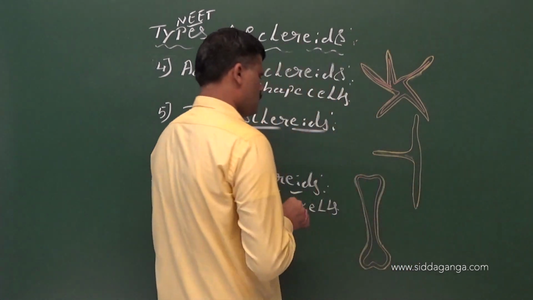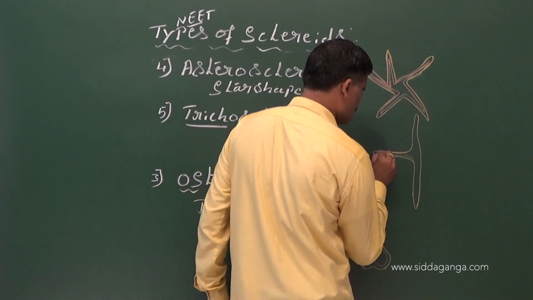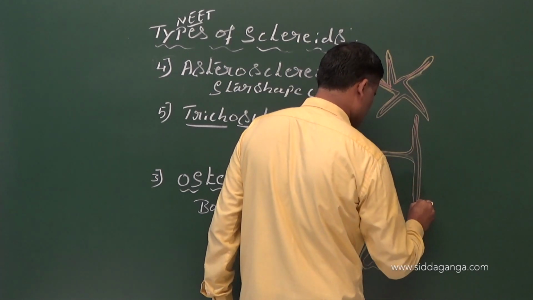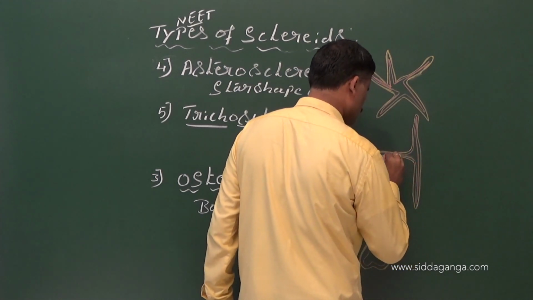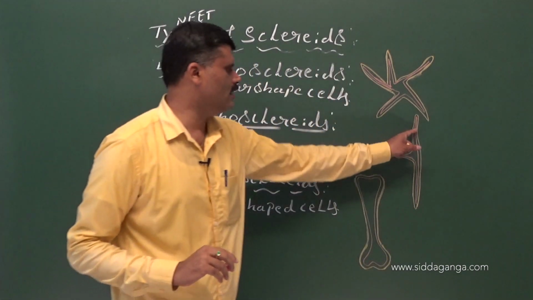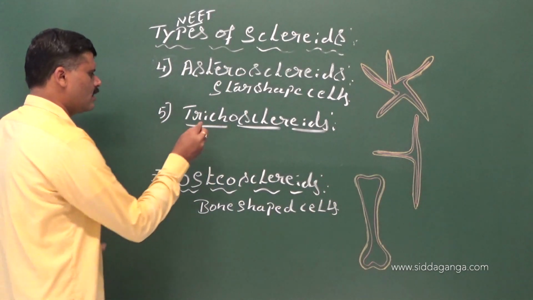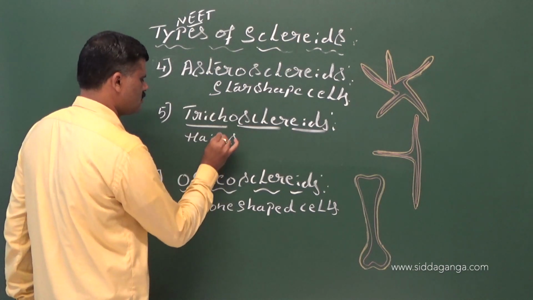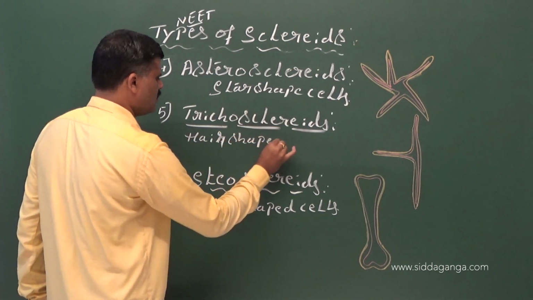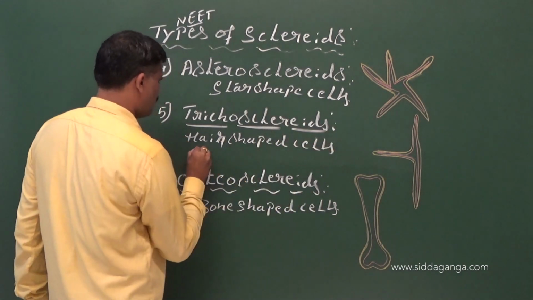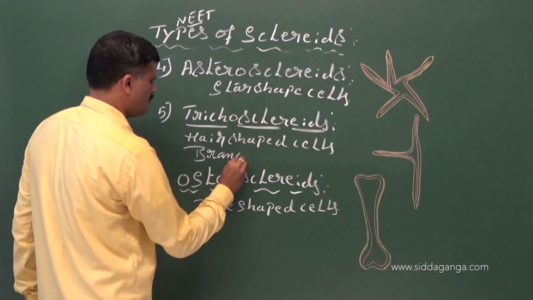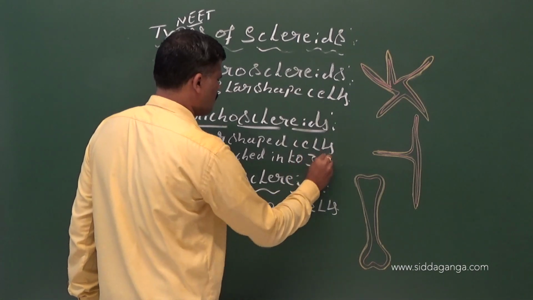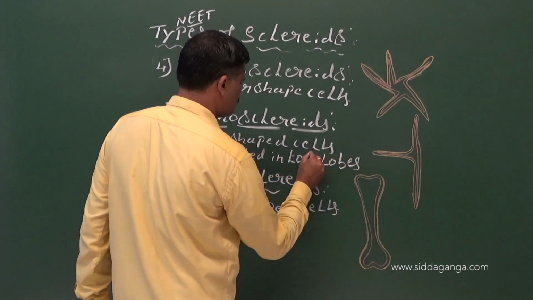Okay, you can notice here, it is somewhat long ear-shaped cells, and the cells are branched into 3 lobes. 1, 2, 3.